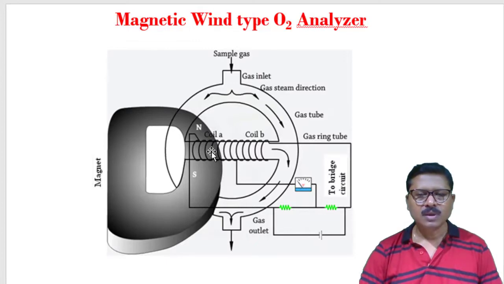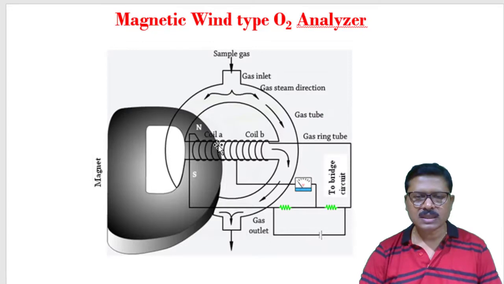So loss of heat by this coil is more than the loss of heat by this coil. This part of the coil is more heated than this part of the coil. So there will be a change of heat between these two coils.